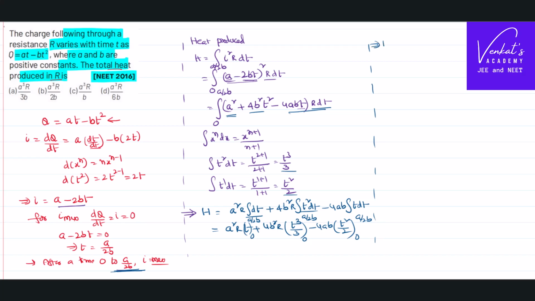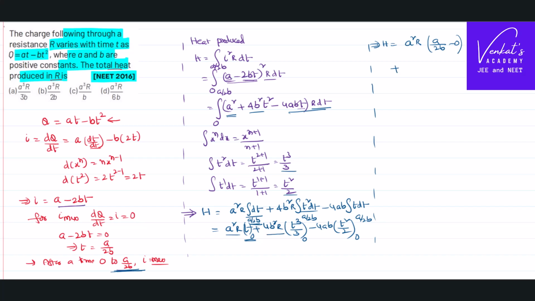Heat generated is A square R, in the place of t, first I have to write the upper limit minus the lower limit, that's how we solve integration. That's the first term.